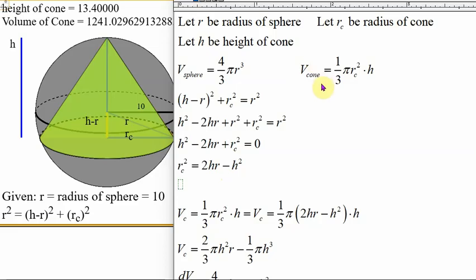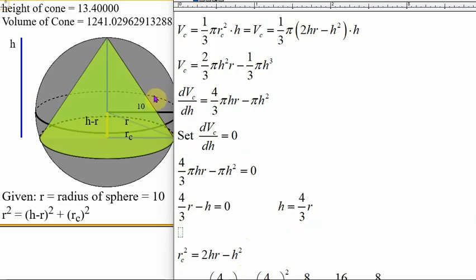And so the volume of the cone, the r sub c squared here, we can replace it with 2hr minus h squared. And then simplify, we get volume of the cone is going to be 2/3 pi times h squared r minus 1/3 pi h to the third.